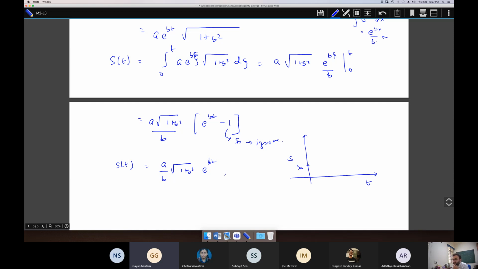For example, e has some value of 2 point something. So if we are increasing the value of t, there will be an increasing slope. It will grow.